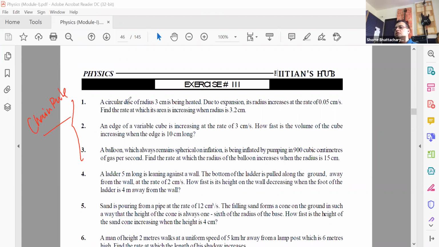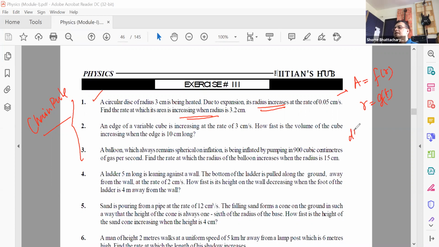For example, if you see the first question in this, as you're heating the disk, what is happening? The radius is increasing, and as a result of that, the area is increasing. So what we have to do in this is, first of all, express the area as a function of radius. And radius is changing with time, so it's a function of time.